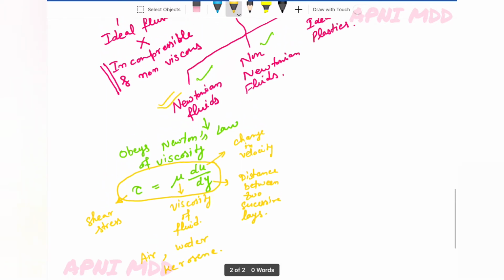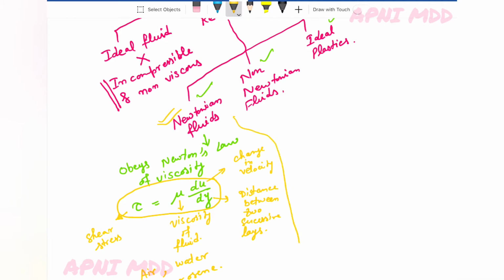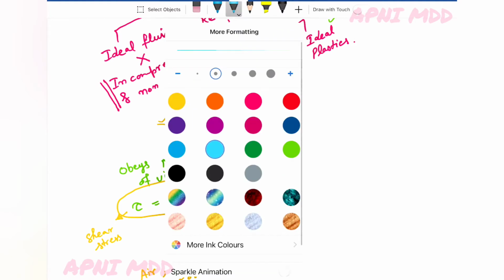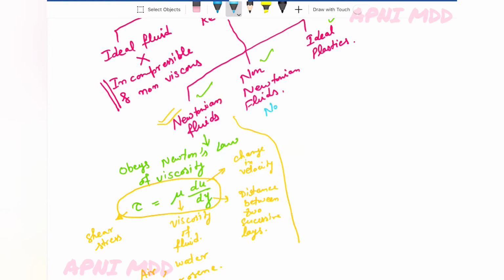Okay. Now the fluids which do not obey Newton's law of viscosity, that we call as non-Newtonian fluids. So here tau is not equal to mu du by dy. But there is some relation between tau, du and dy.